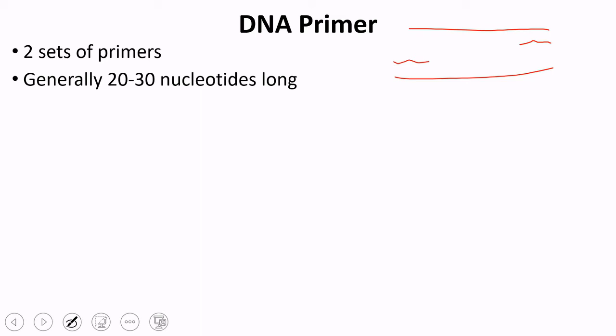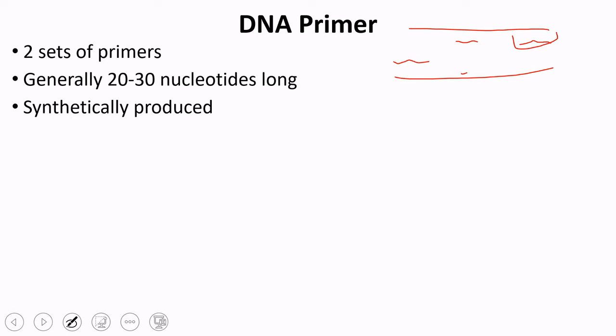If it is very long, it will not hybridize at specific places either. So roughly 20 to 30 nucleotides long we are going to take.